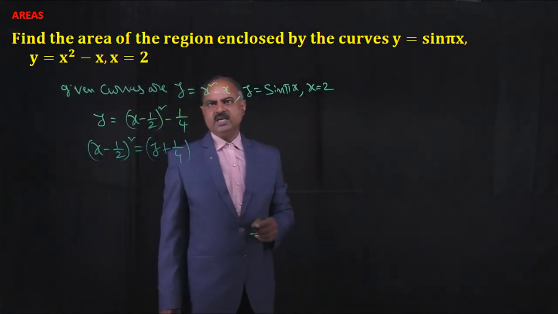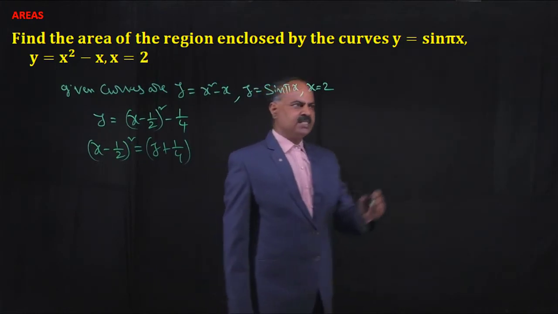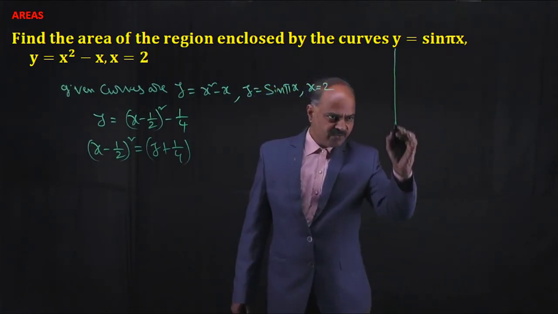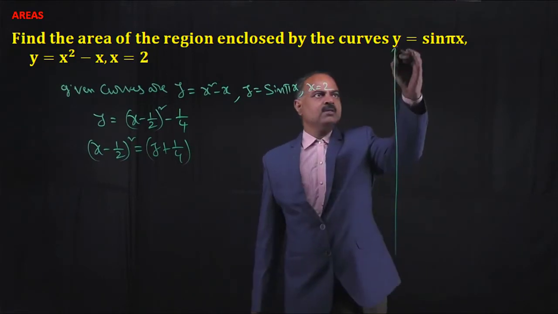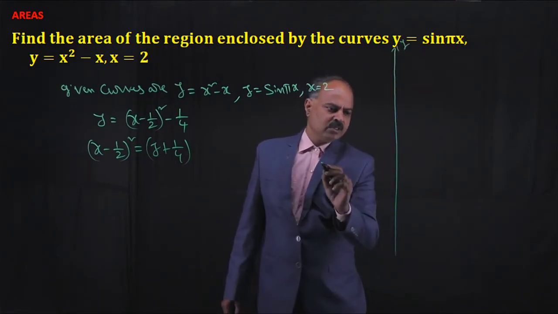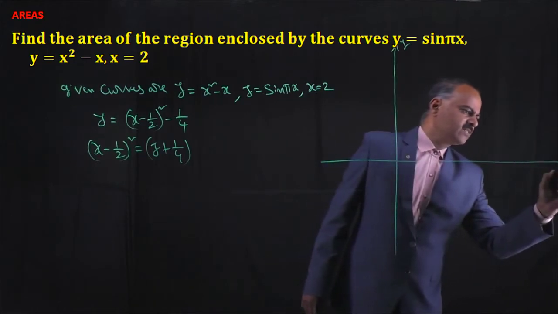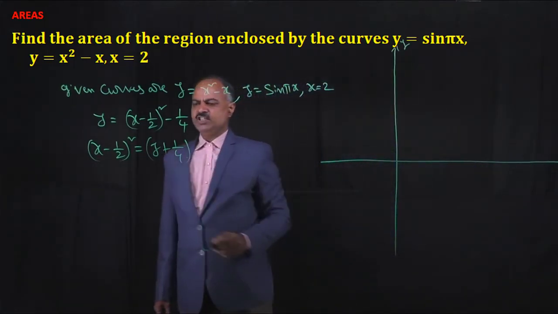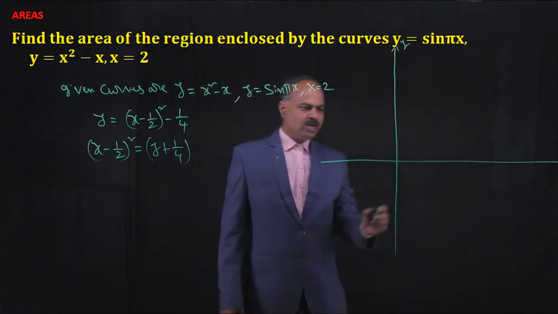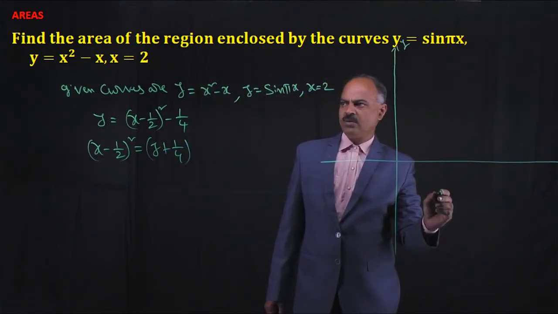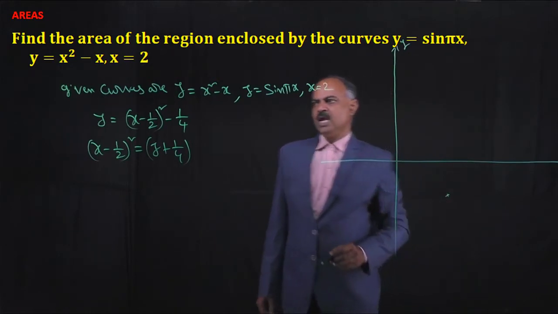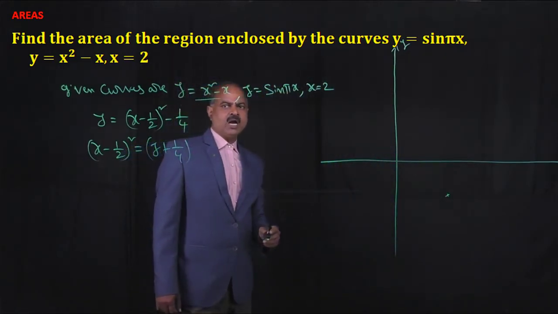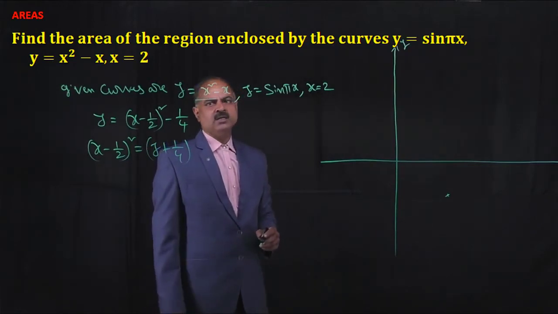So draw the graph y equal to x square minus x. This is the y-axis. This is the x-axis, and here the vertex of this parabola is (1 by 2, minus 1 by 4), and this parabola intersects the x-axis at (0, 0) and (1, 0).